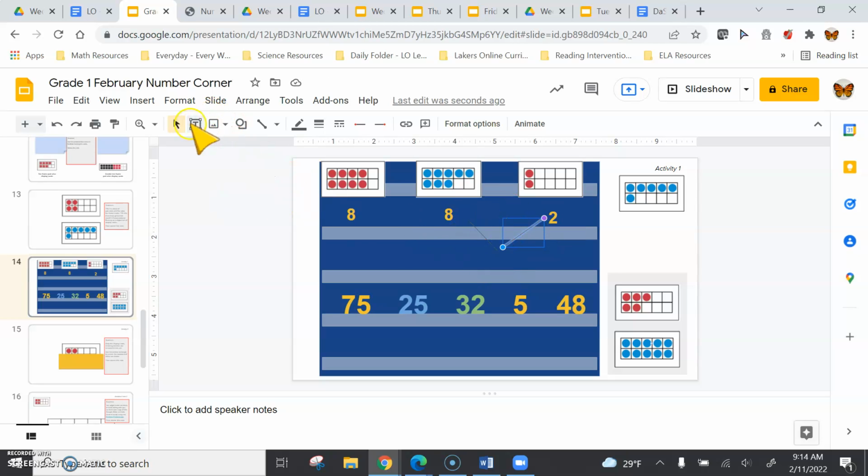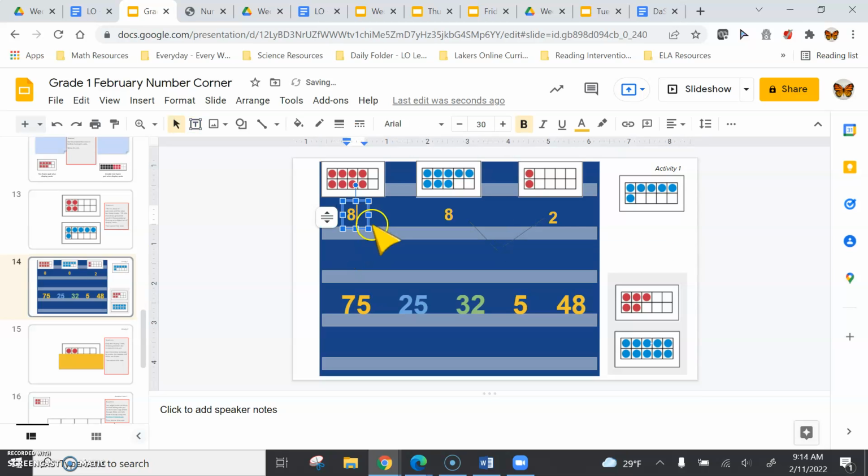And now we have the math equation, let me do this so you can see it nice and clearly. We'd have the math equation of 8, which is where we just have those 8 red dots, plus when we add that 8 plus 2 together, 10.